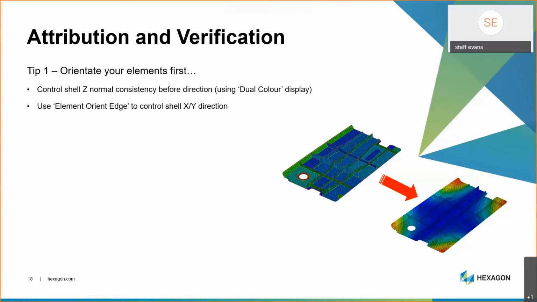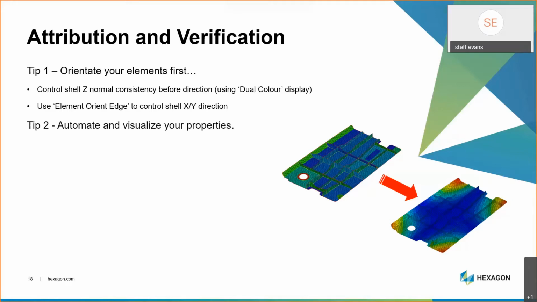It's good practice to ensure that you've got normal consistency, and then you can think about direction. We've got something called the dual color display option, which we'll see, and it's useful to think about how you control the X direction that the shell elements are pointing in. You want to get those things set before you move on to things like property definition.